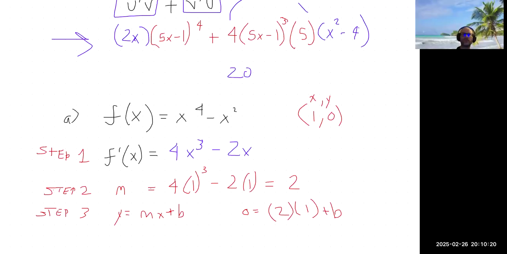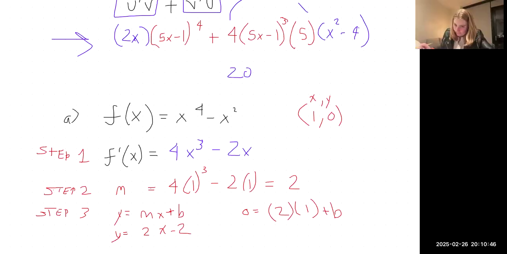Now to complete our equation, we can replace m and b and leave y and x as y and x so that it's a general equation rather than the specific point of 1 comma 0. The m we know is 2. The b we've discovered is negative 2. So y equals 2x minus 2 is what we've got. That's not that bad.